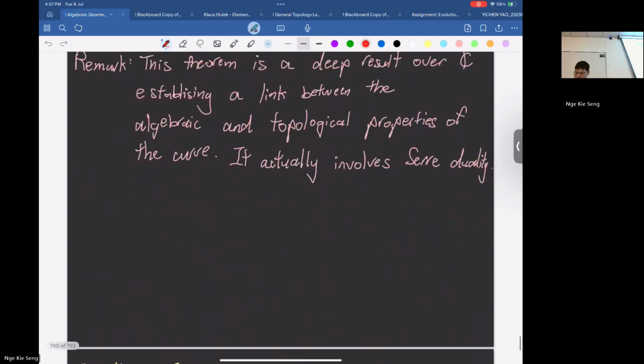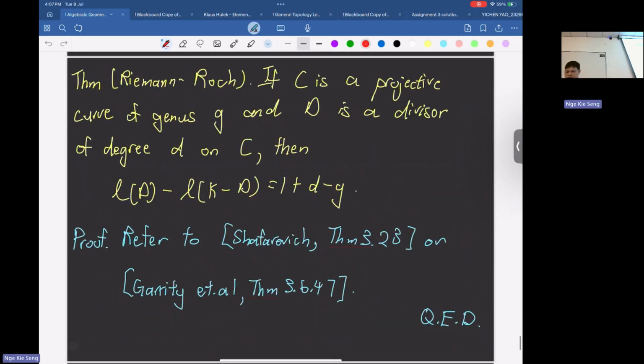Okay, so this canonical divisor has a role here. If you compute little l of D, and take away little l of K minus D here, what you obtain is a topological property, which is 1 plus d minus g. So on one side, you are taking a difference between dimensions of vector spaces.